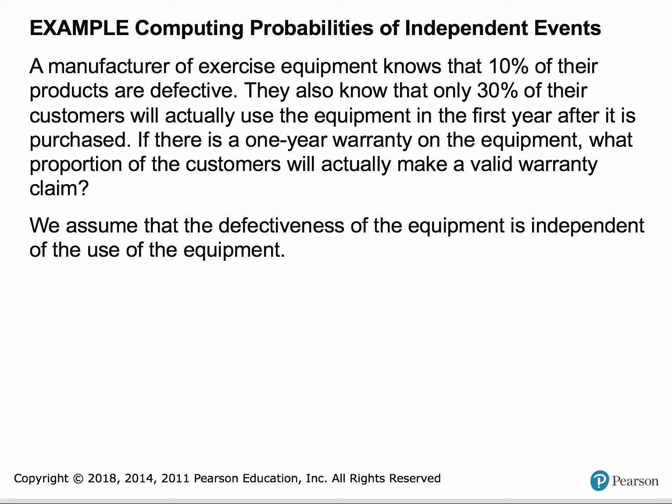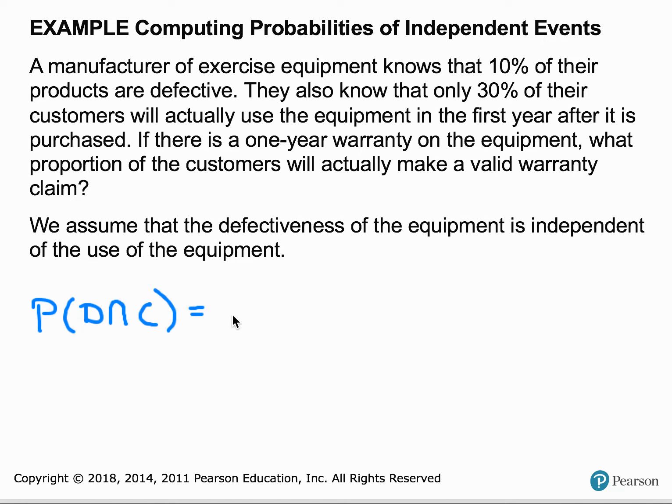So in other words, what we want to know is, what's the probability that their product is defective and then the customer will make a claim? This is an "and." Both things have to happen. You don't make a claim if your product's not defective, so it has to be defective. And if it's defective, what's the probability that you'll make a claim?